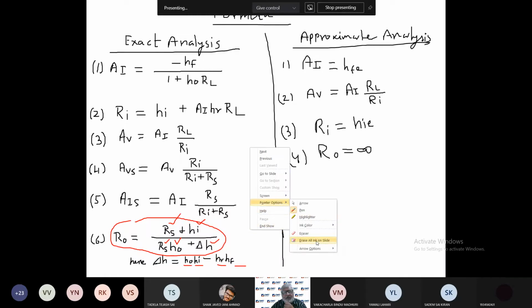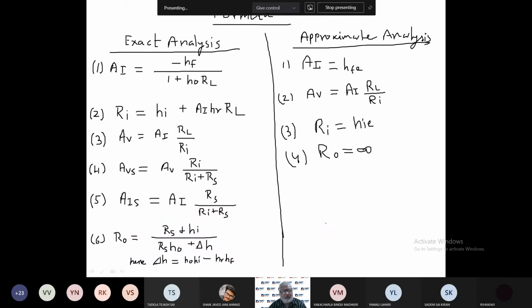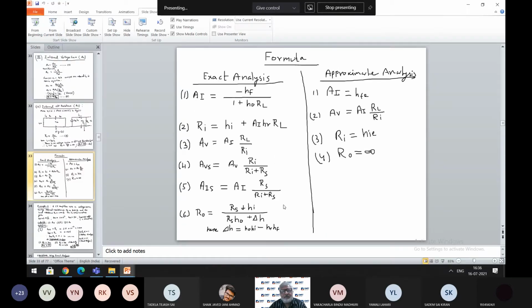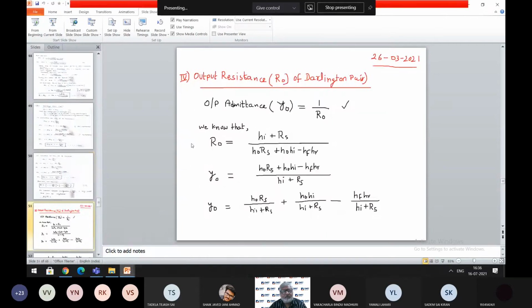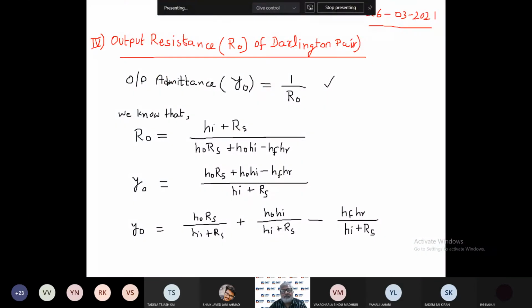So we will take this value Ro. So you see this Ro is this, right? Same expression I have written here.